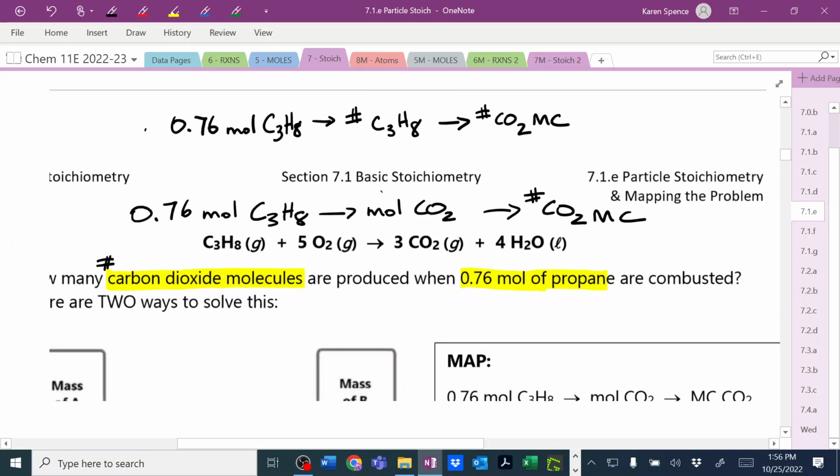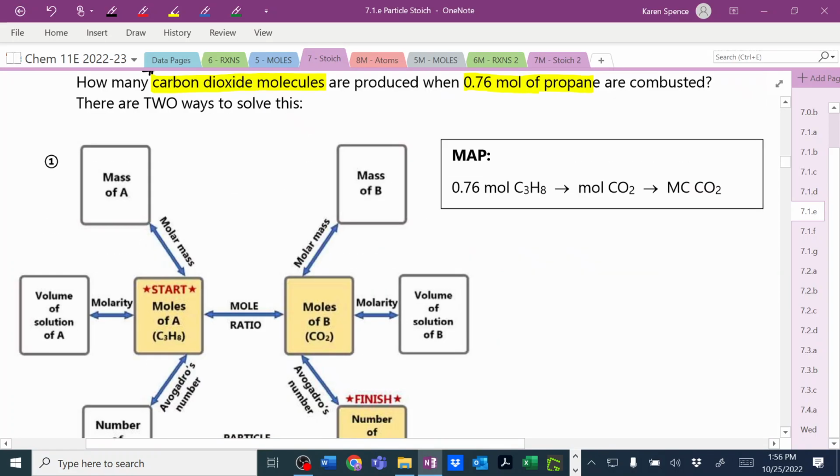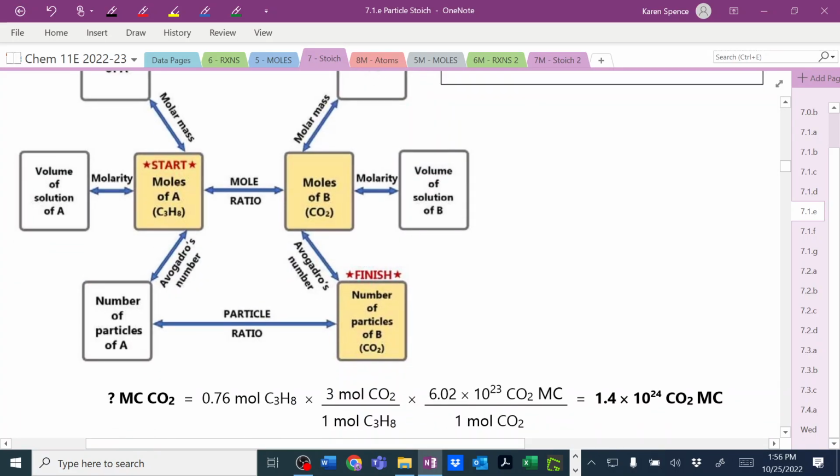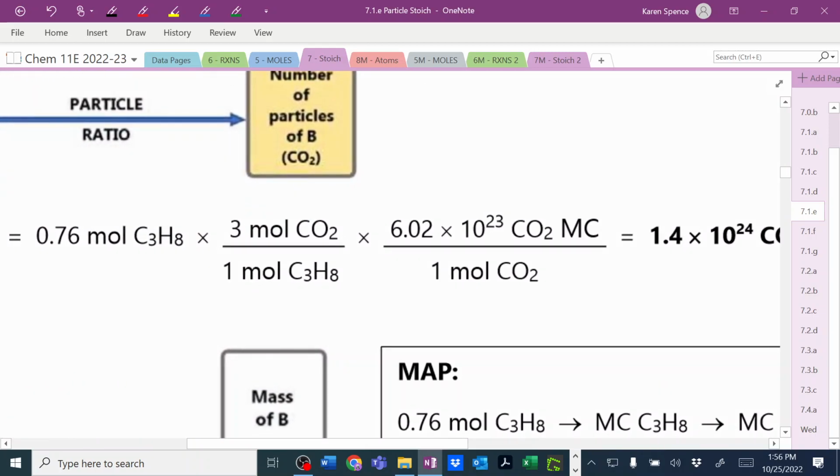I don't know that there's anything here that is really super exciting, right? If you want to see the math, here it is. Look, we cancel moles and we find moles, so we use our mole ratio here. And then don't forget the 6.02 times 10 to the 23 goes with the molecules, not with the moles.